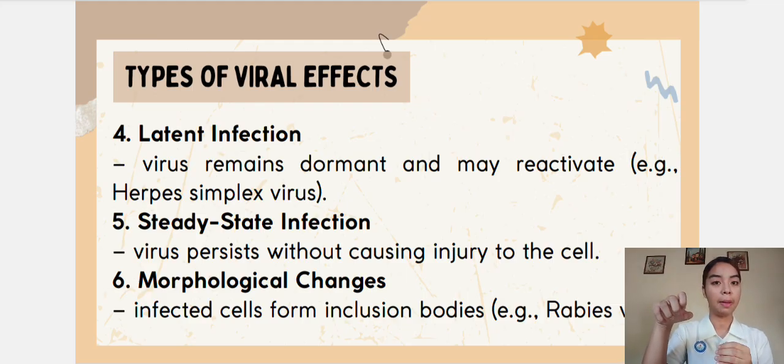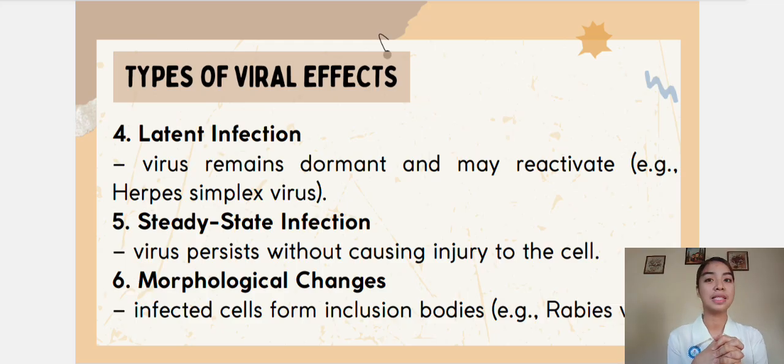They remain dormant, meaning when they are dormant, they are not multiplying. But once they are reactivated, or once they begin to be active by some stimuli, they can cause their typical symptoms. For example, herpes simplex virus can cause genital herpes or cold sores, something like that.